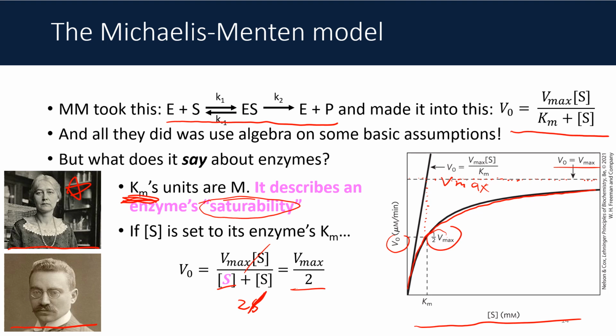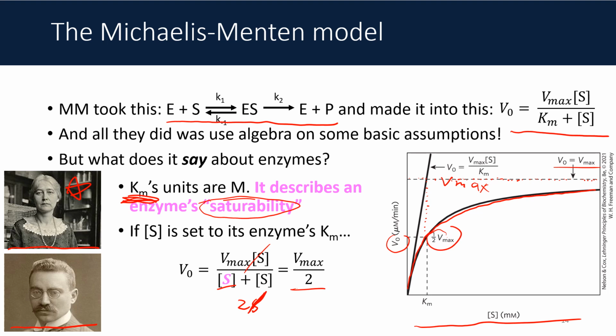What does this remind you of? Some people like to call the Km the binding constant of the enzyme for that substrate. And I see the similarities there. We're dealing with a hyperbolic curve, and the concentration of substrate needed to get to the halfway point of the maximum value is going to be halfway up this hyperbola.